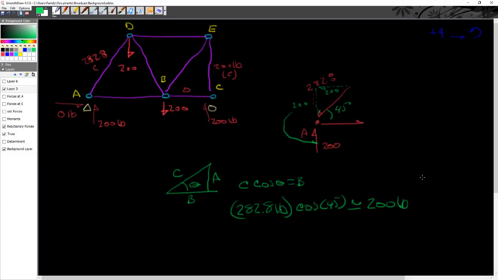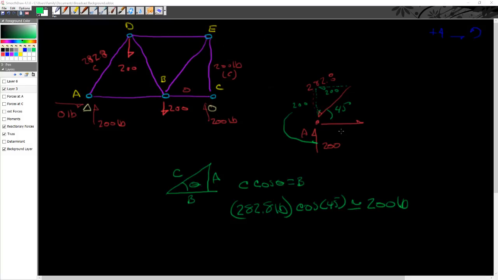Don't get too spun out about that, but I get 199.78, and it's 200 pounds, just a little rounding error. So I have just solved at point A.